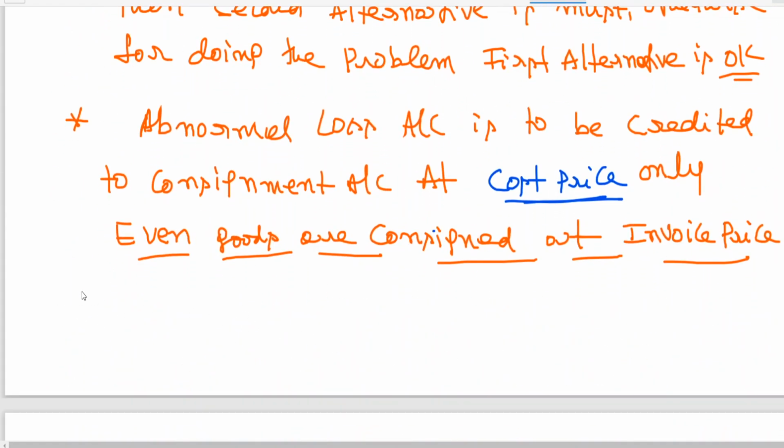In the next class we will be learning how to value unsold stock, how to value loading effect. We have learned how to value invoice price, how to value abnormal loss, how to value unsold stock, that we have to learn. Two things we should learn: valuation of unsold stock.